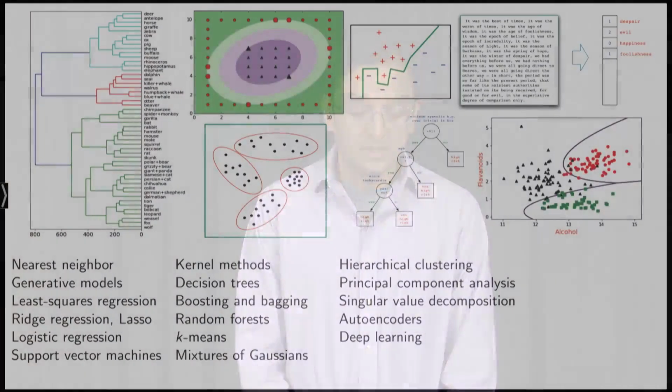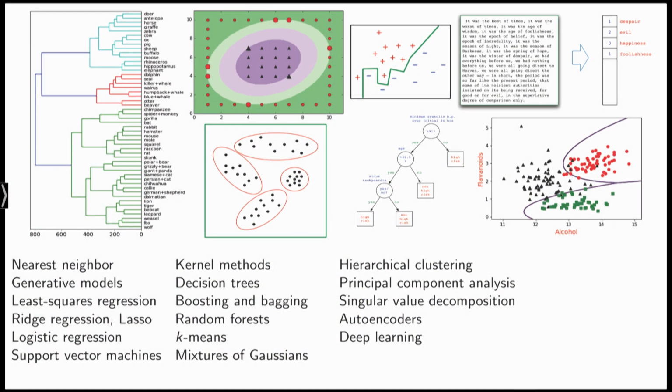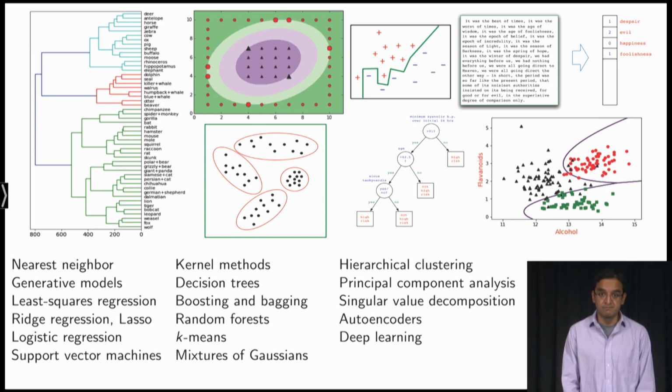We'll cover the most widely used machine learning methods: logistic regression, support vector machines, kernel methods, principal component analysis, random forests, neural nets, and so on. We'll see applications of these methods to problems in image understanding, sentiment analysis, language processing, personality testing, and many other domains.